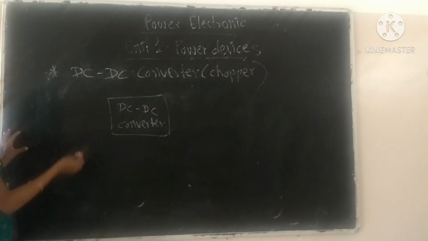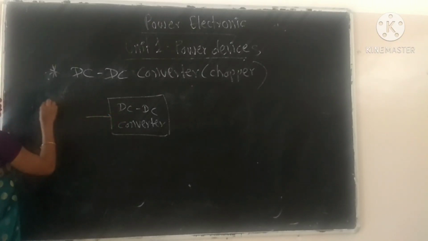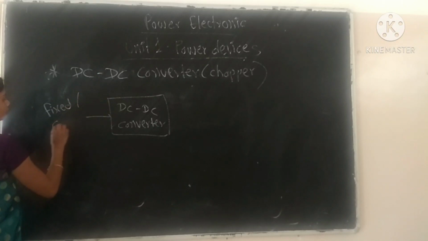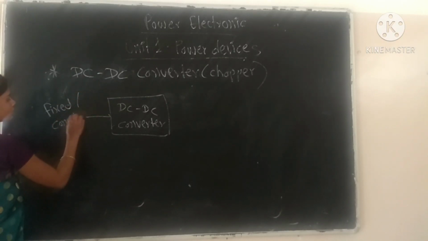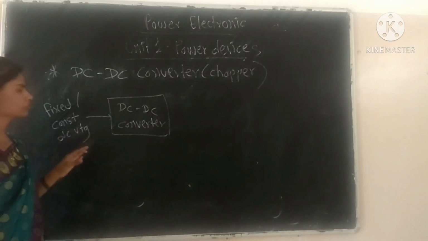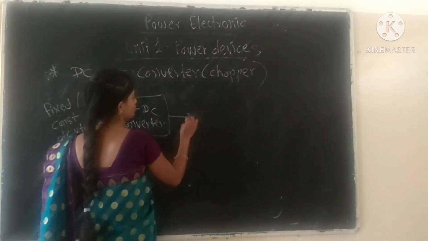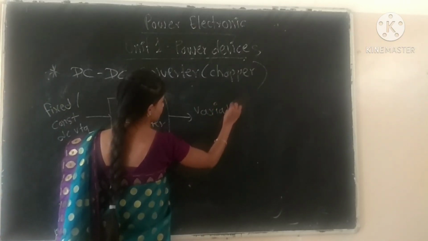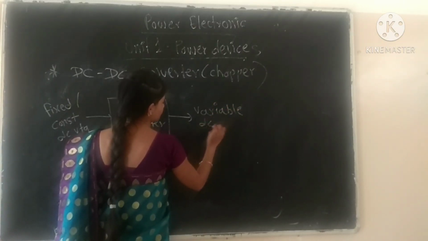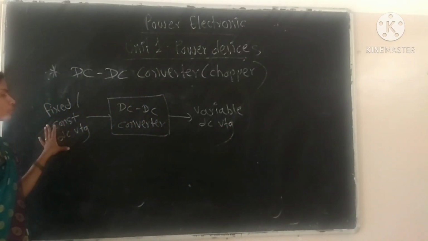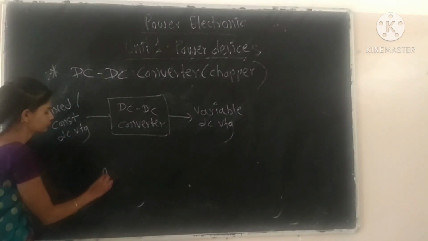Here the input is given as a fixed or constant DC voltage, and the output is a variable DC voltage. The fixed DC voltage input is taken from the AC supply.